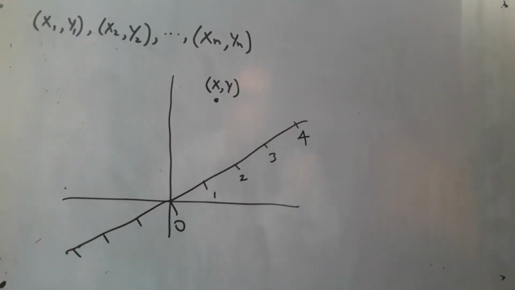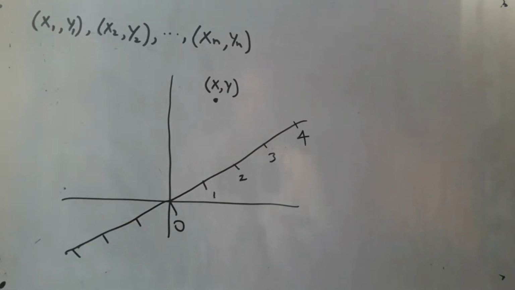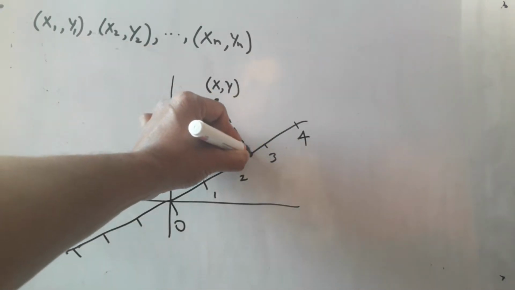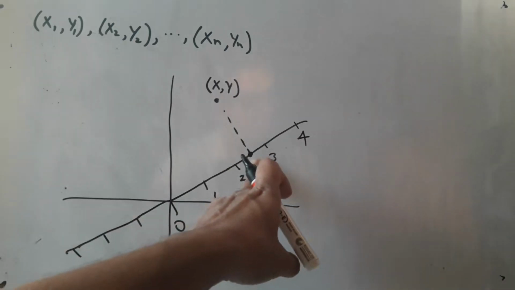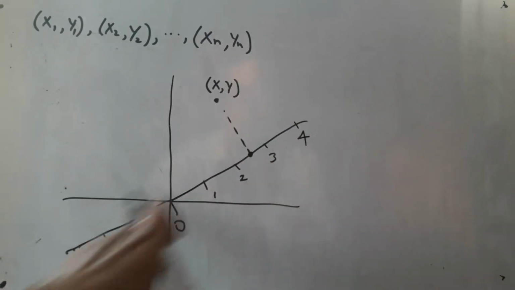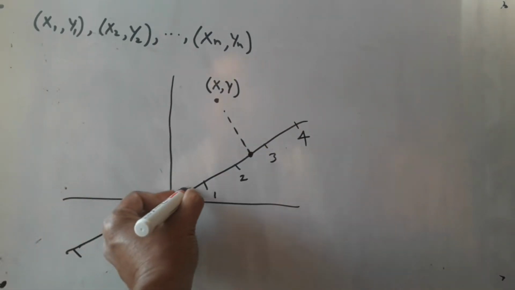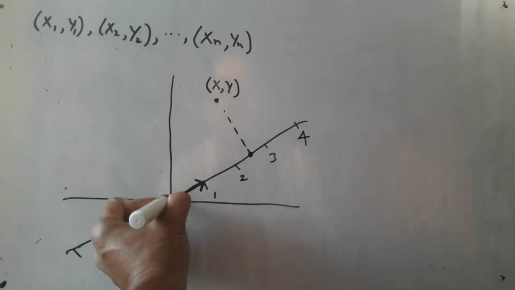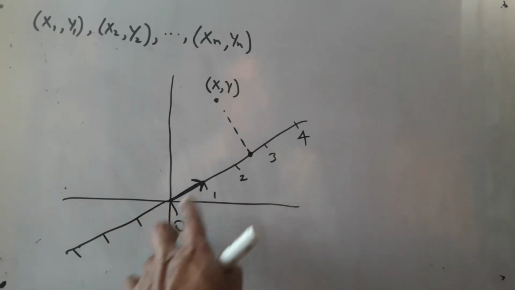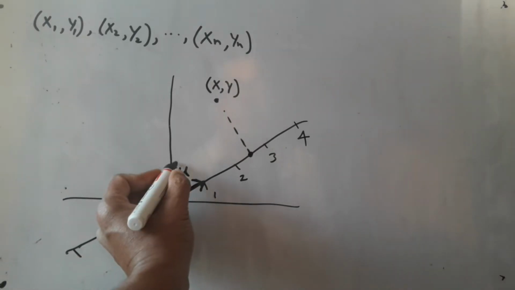So this is the ruler and this is one typical point x, y, and I plan to drop a perpendicular. I want to know what will be the value of this point along this scale. For this, I will quantify the position of the scale by drawing a vector from the origin to the 1 mark, and I will call this vector u.